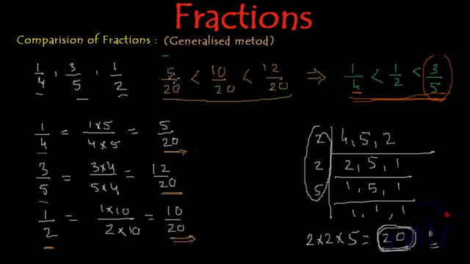So 5 by 20 has the least numerator, then we have 10 by 20, and then we have 12 by 20, and their equivalent simplest fractions were 1 by 4, 1 by 2 and 3 by 5. So this is the generalized method where we write equivalent fractions for the given fractions so that their denominators become same. Right? And then we just compare the numerators.